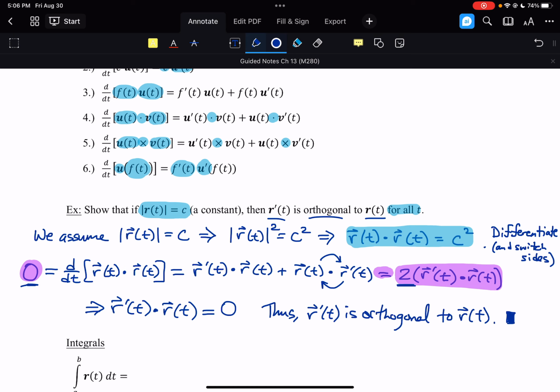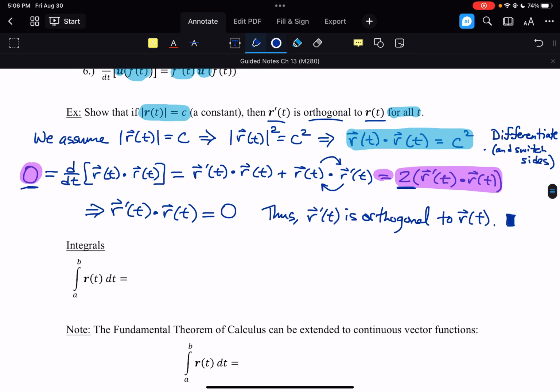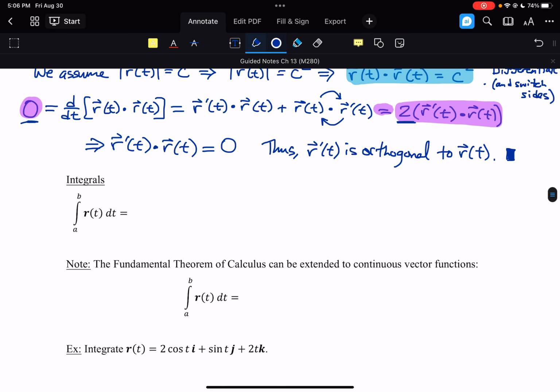So let's take a quick look now at integrals. We looked at limits just very quickly at the beginning. We've talked about derivatives. Let's talk about integrals. Integrals are also derived from limits, like derivatives are, and so they behave, again, very similarly to how we're used to from Calc 1. And it behaves very nicely for our purposes in here.